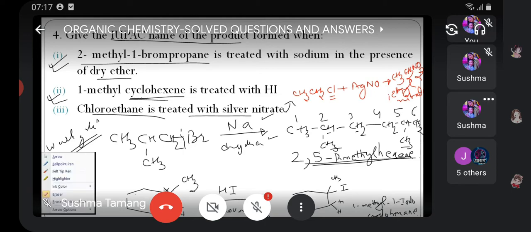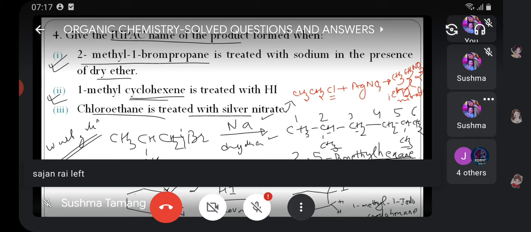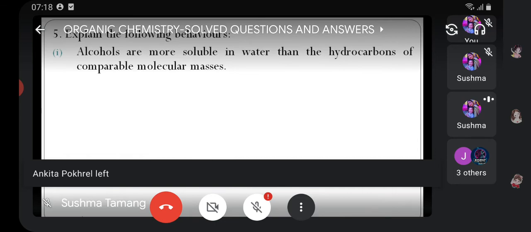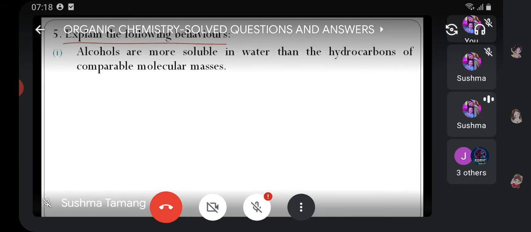Ethyl nitrate, okay. So very simple. What will happen is that a substitution reaction will occur. Your Cl is replaced by NO3, and what you are going to get is ethyl nitrate. Did you understand? Right, now next is explain the following behavior.